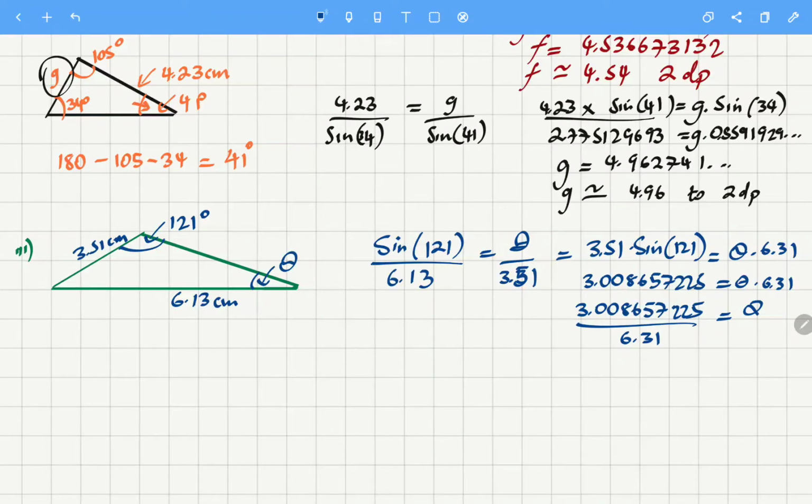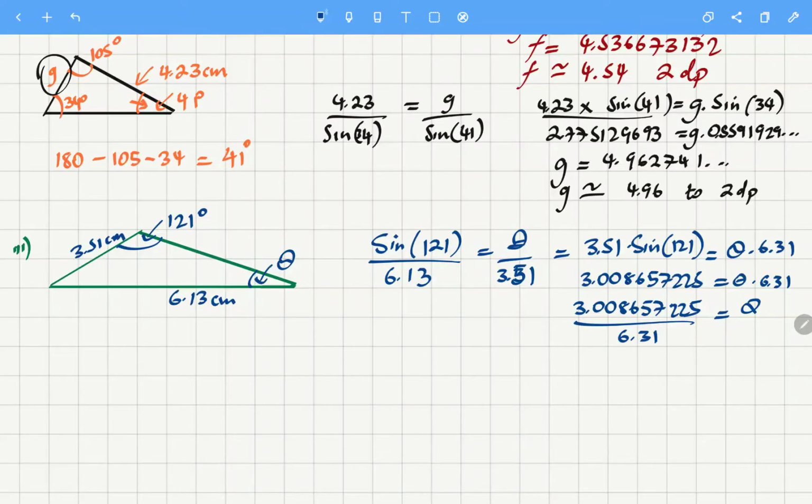Just bear with me one sec. That becomes 0.4768, and then what we need to do now is take the inverse sine of that value, which gets us roughly 28.477 and so forth, so approximately 28.48 degrees.